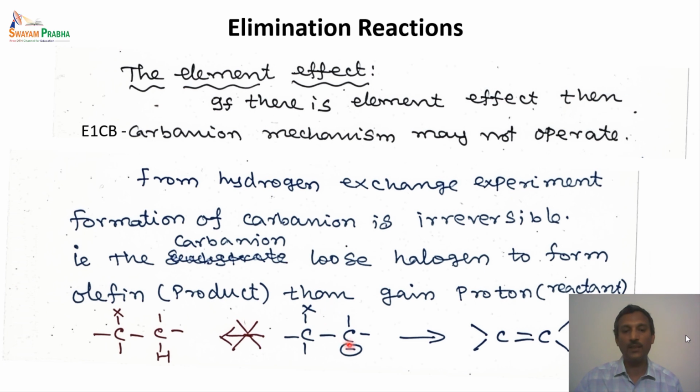If this happens even in the case of the E2 mechanism, then our products are going to be different. So we have to study whether this type of mechanism actually occurs in the E2 or not. If a carbanion is formed, then the carbanion can abstract a proton to go back to the starting material, or the carbanion can lose the X minus to give the alkene.